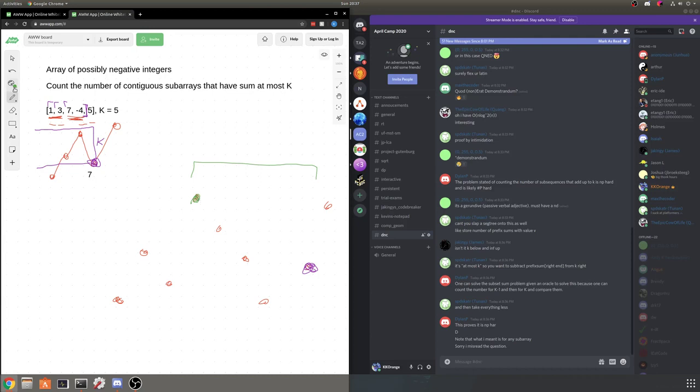Okay, so I guess I've viewed this upside down. Okay, I understand now. So if we were considering this range instead, and this was kind of the end point, then the total sum of this subarray would be the difference between these two.